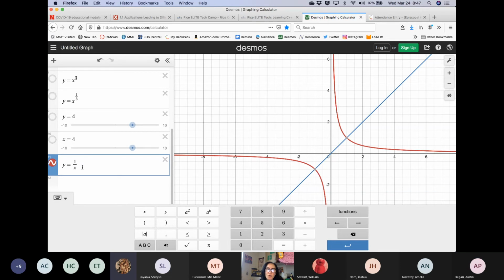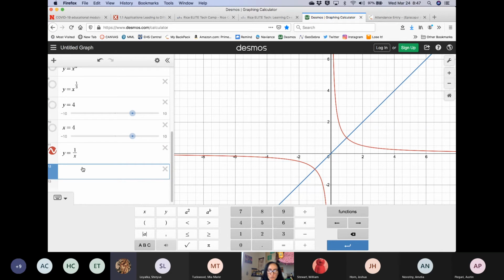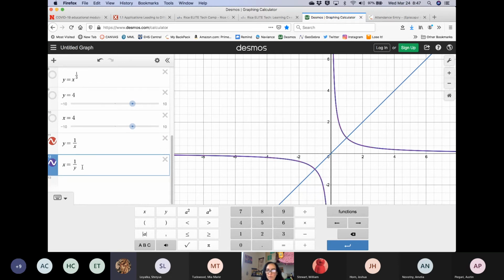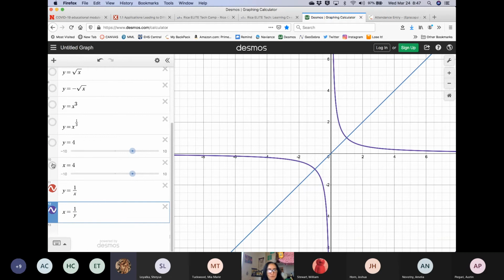Is the reflection across that... Well, the image would be x equals 1 over y. Oh, look at that. You're so clever. What else? Anyone else come up with another one? That was beautiful. Austin, that was beautiful.